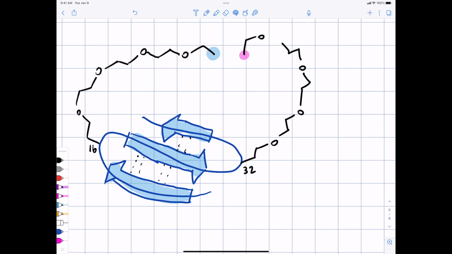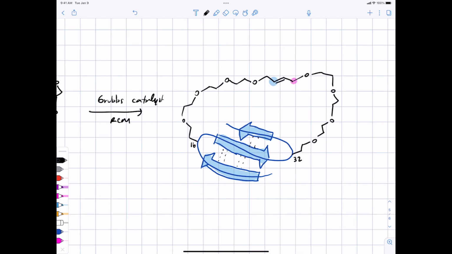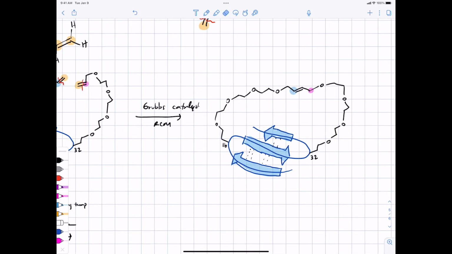I'm going to have to sort of slide things over and that's terrible. Oh well. I can't tell at this point whether I've lost atoms or not, but sort of mostly good.